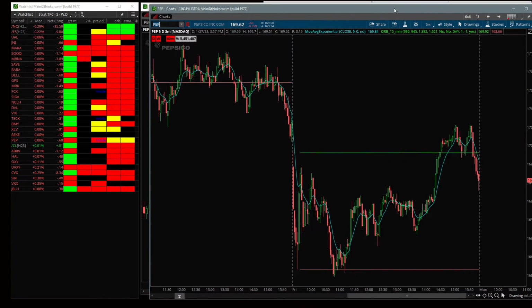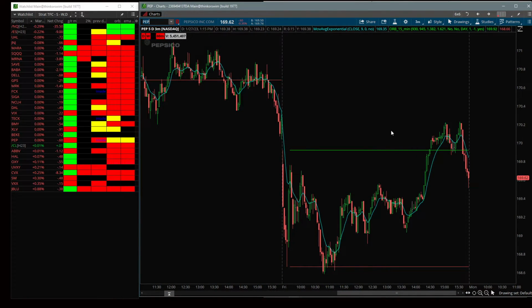So let's take a look at the orb. All right, so the orb is not really showing right. This is showing the close to the high, so I'm not quite sure why that is. Let's take a look at another one.